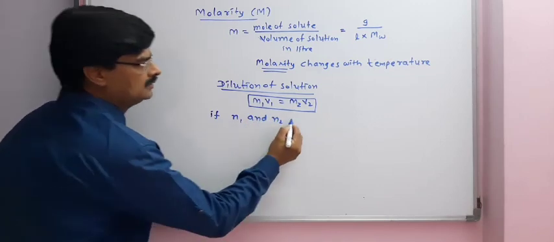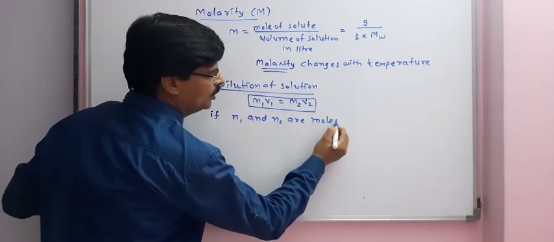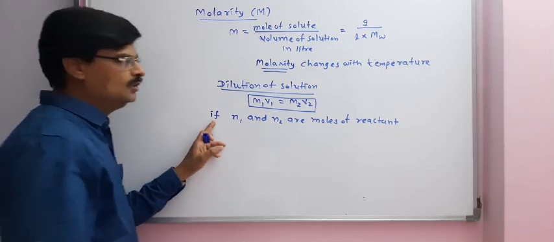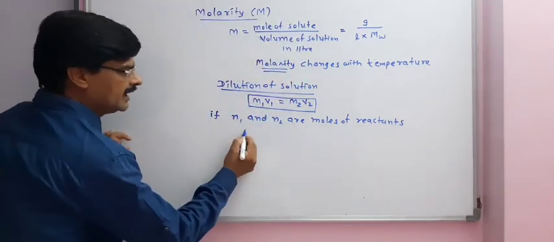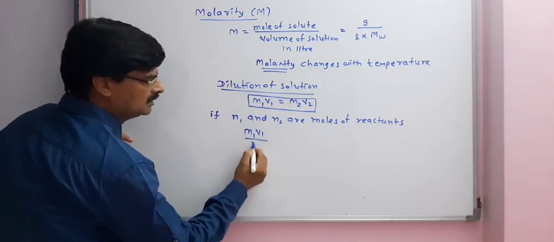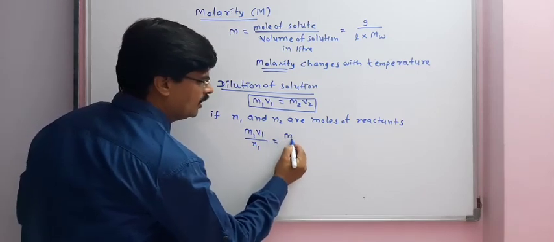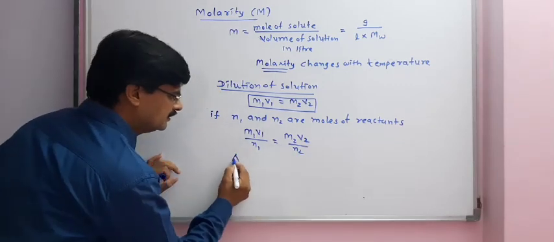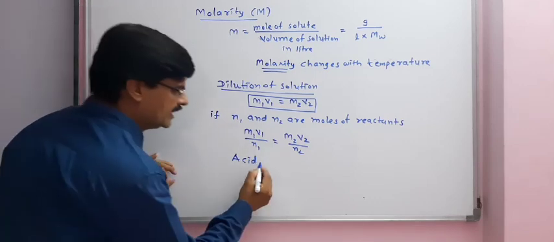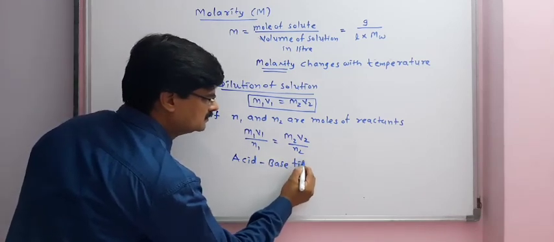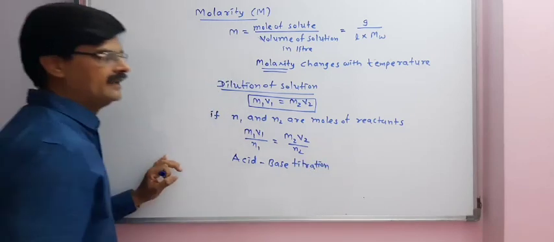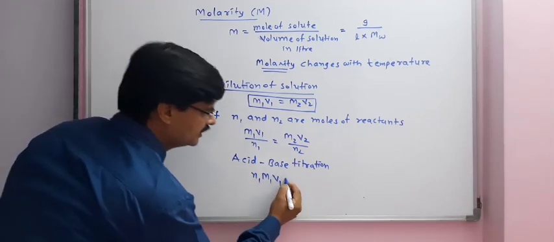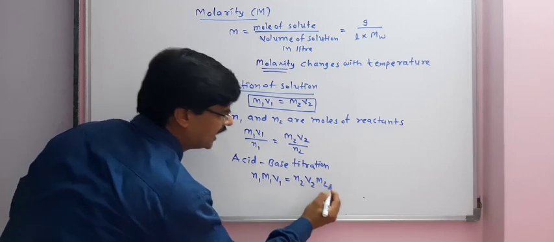But if N1 and N2 are the moles of reactants, then we can write M1V1 upon N1 is equal to M2V2 upon N2. And in the laboratory, for volumetric titration like acid-base titration, we can apply N1 M1V1 is equal to N2V2 M2.